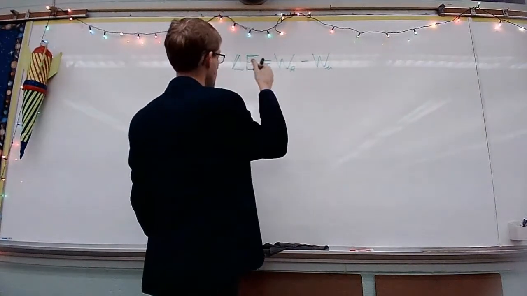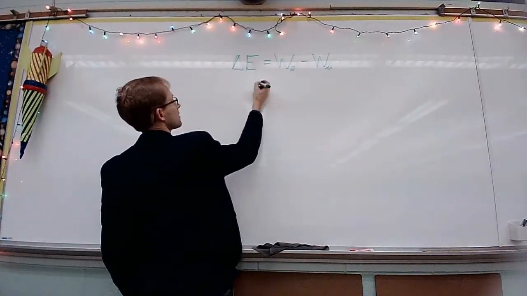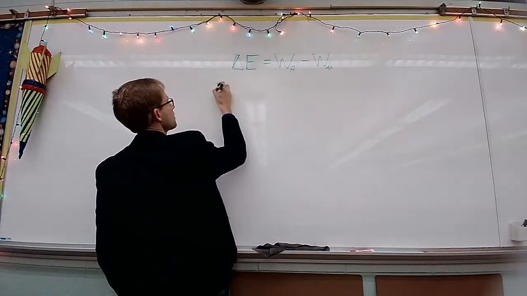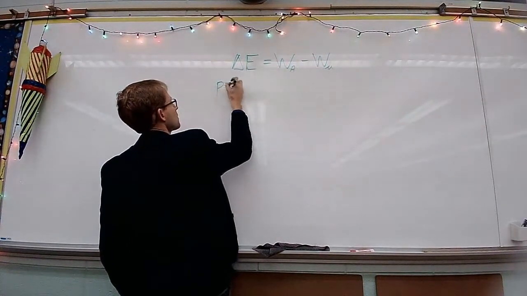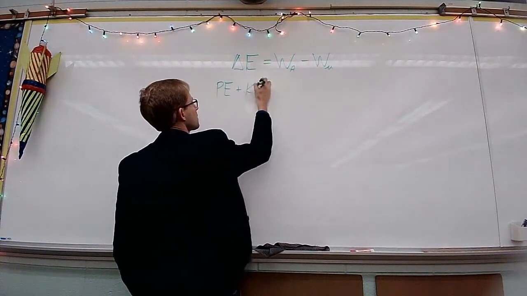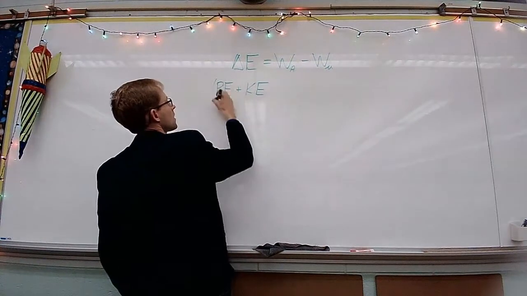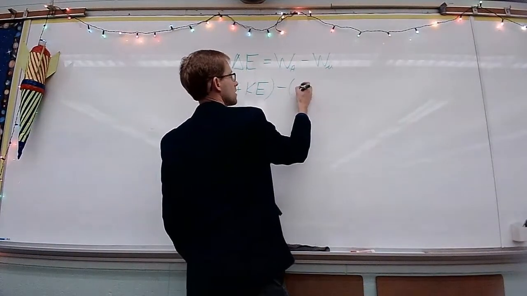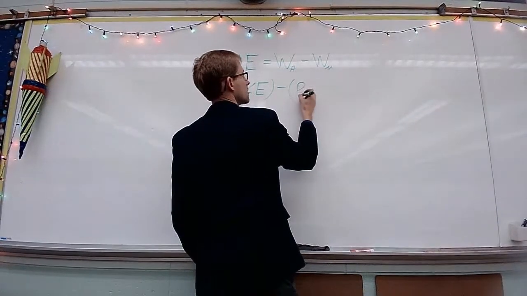So if you wanted to examine this a little bit further, change in energy, of course, is going to be equal to the addition of all your final energy minus the addition of all your original energy.